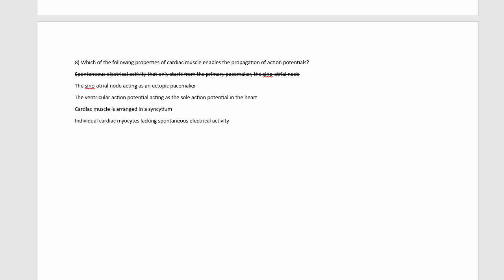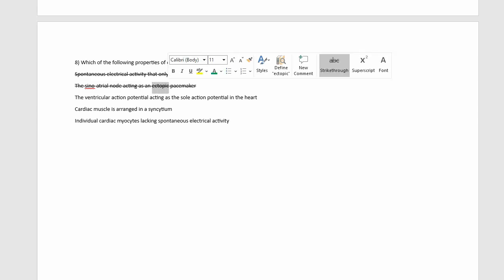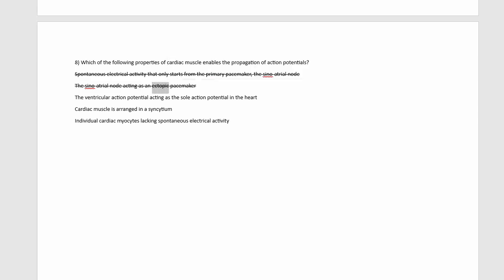So again, we're thinking tertiary fibers. Those are known as ectopic pacemakers, but the SA node is the primary pacemaker. So again, if you want to look for the wording, the fact that it's ectopic is what rules that one out.